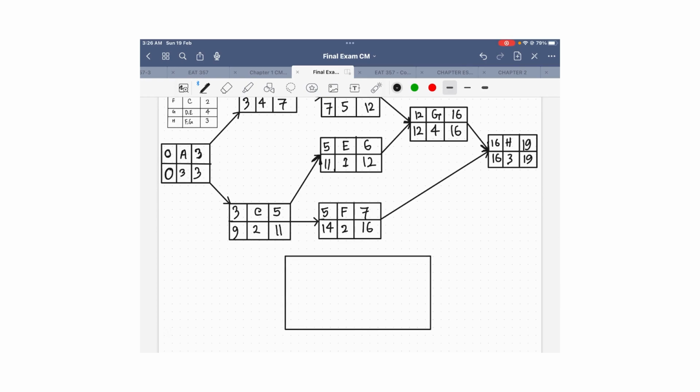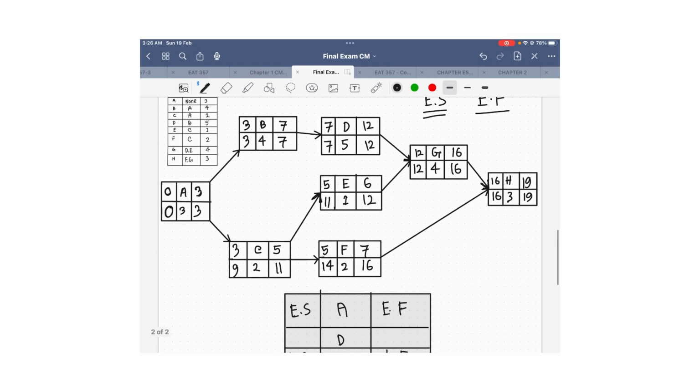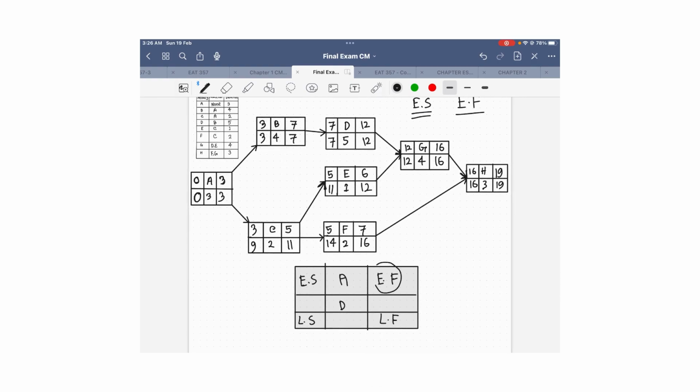I want to show you: early start, early finish, late start, late finish. A is the activity, D is the duration.